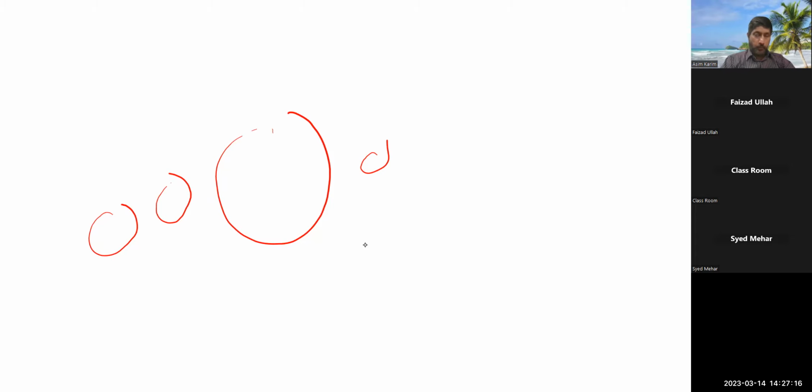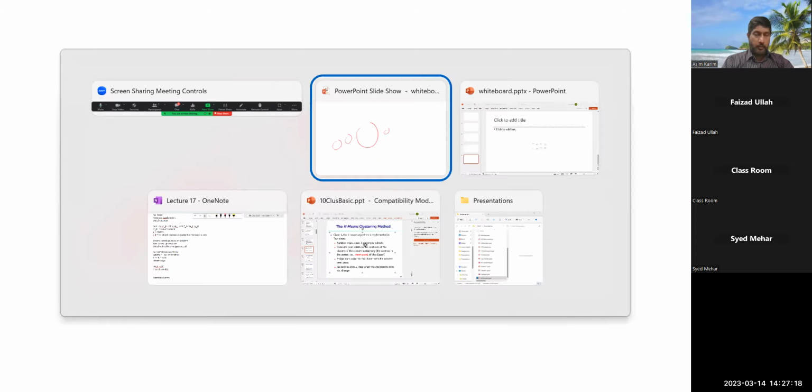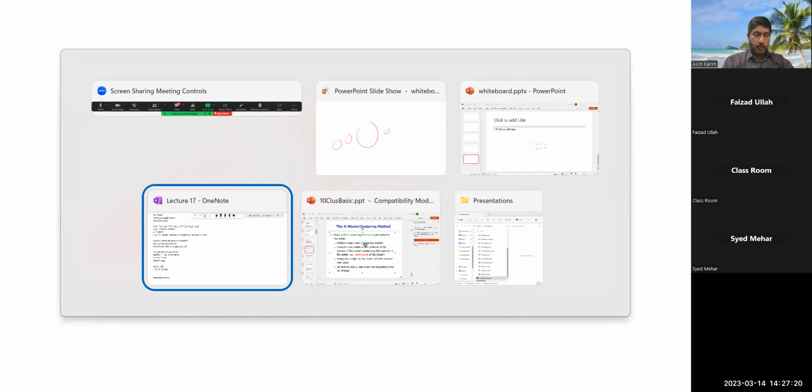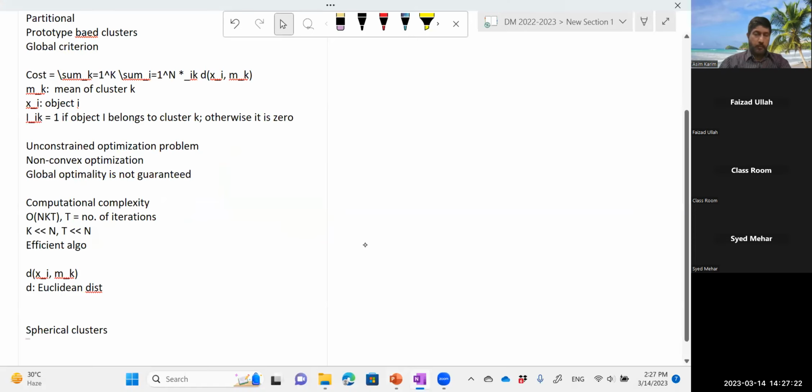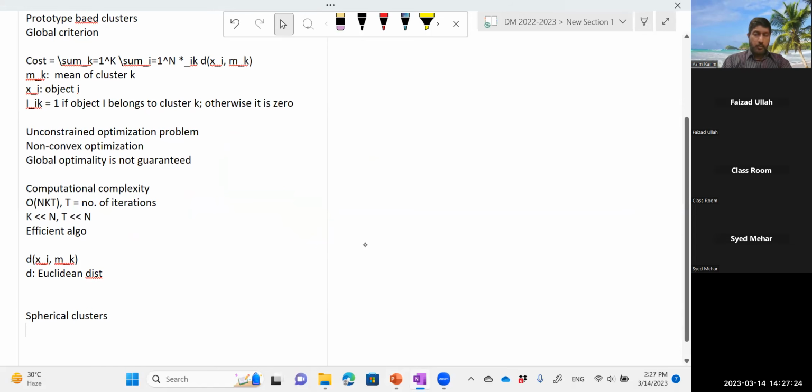Okay. So we mentioned that the k-means clustering would typically converge to a local optima. ठीक है? Global optimality guaranteed नहीं है.